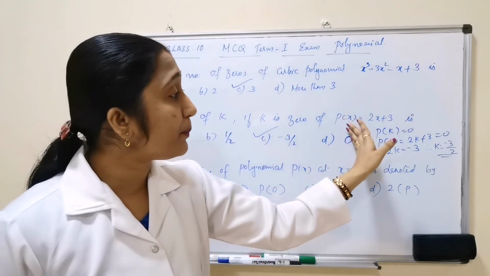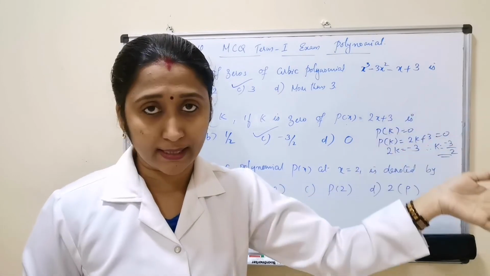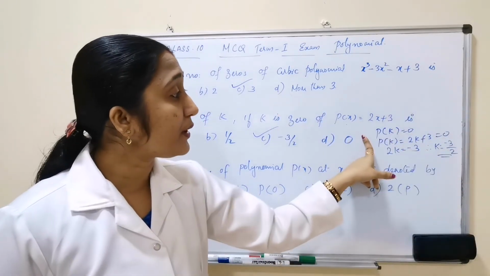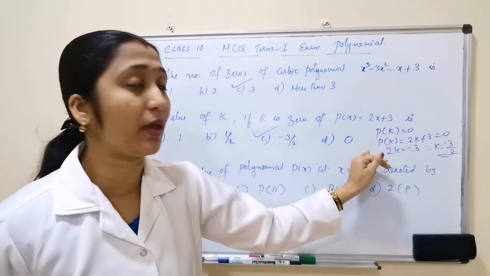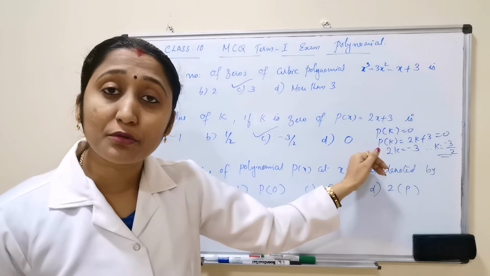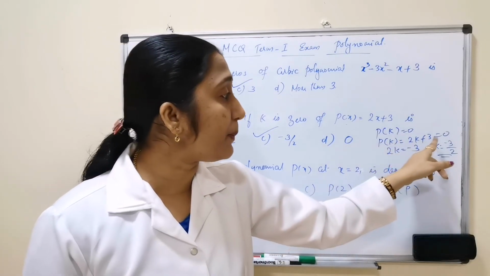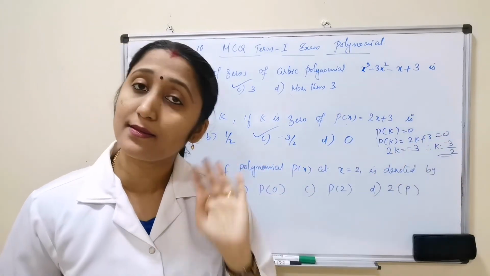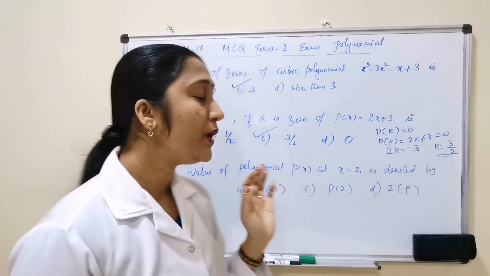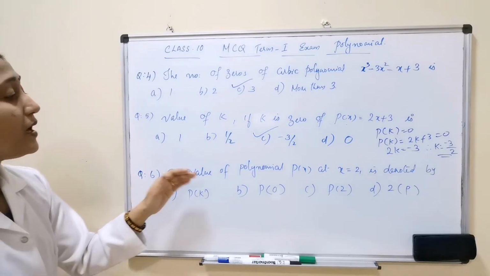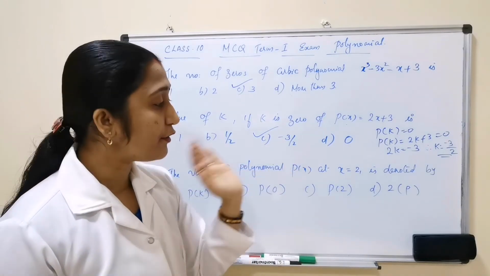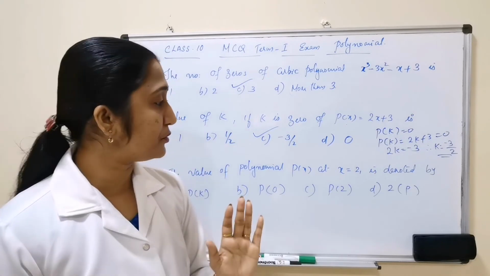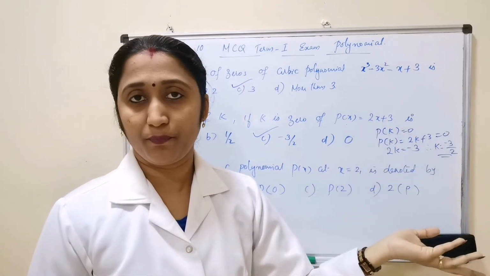Given p of x equal to 2x plus 3, in place of x we substitute k. So 2k plus 3 equal to 0, then 2k equal to minus 3, k equal to minus 3 by 2. Okay, is it clear?